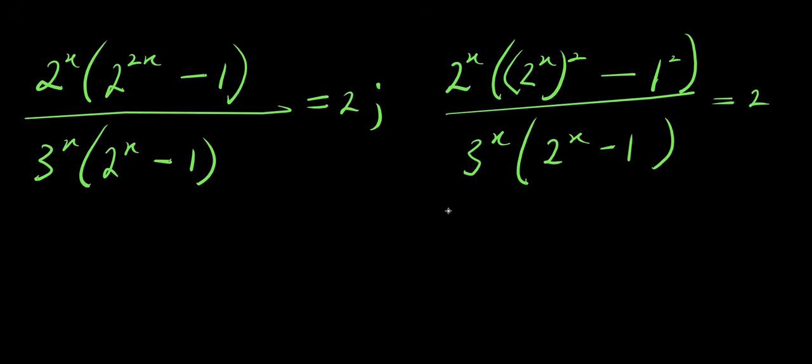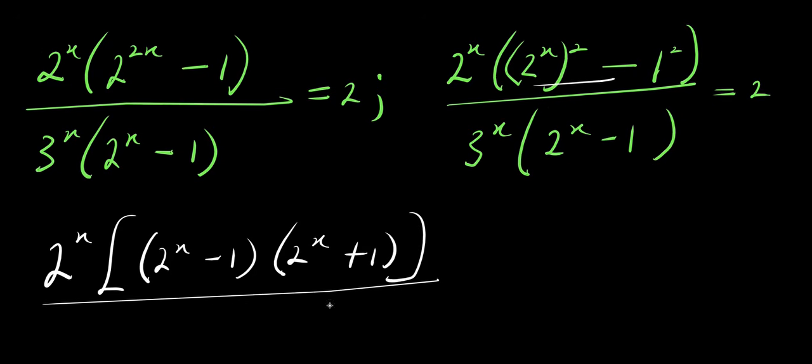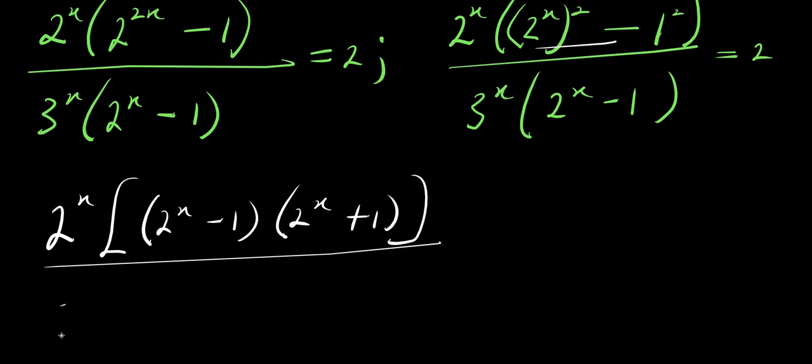So from here, I can apply difference of two squares here. A squared minus b squared equals a plus b times a minus b. So we'll have 2 power x times 2 power x minus 1 times 2 power x plus 1, then this is divided by 3 power x times 2 power x minus 1, and this equals 2.